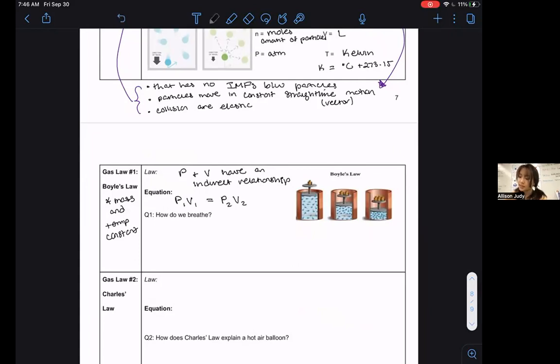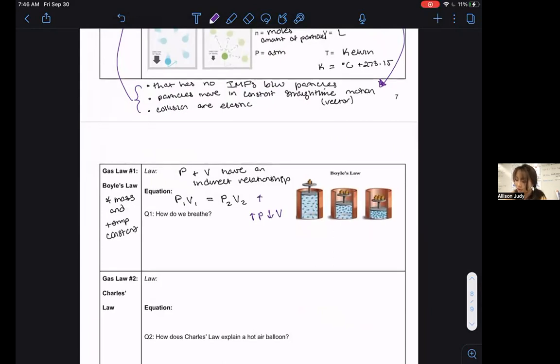Conceptually, if I increase pressure, I'll see a decrease in volume. And if I increase volume, I'll see a decrease in pressure. That can be reflected through this mathematical equation with actual values, pressure in ATM, volume in liters.